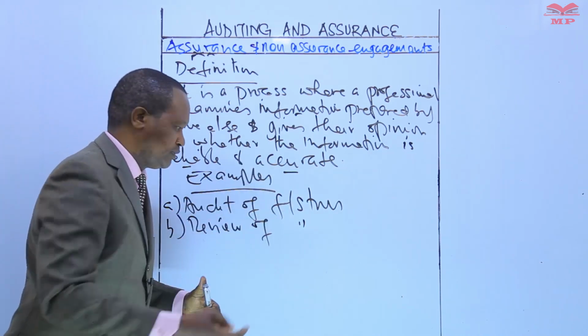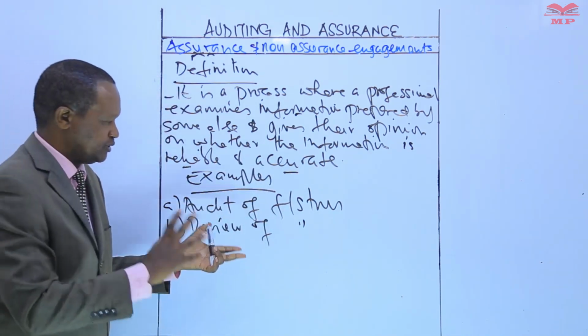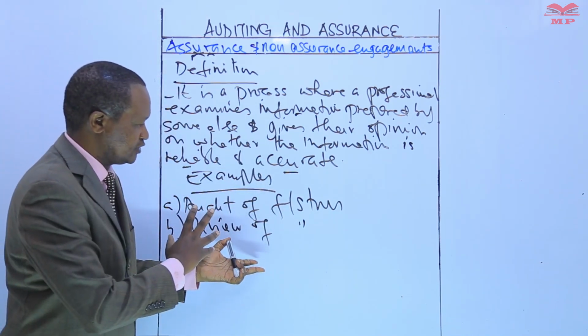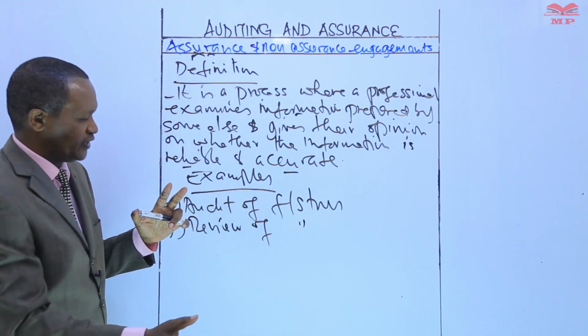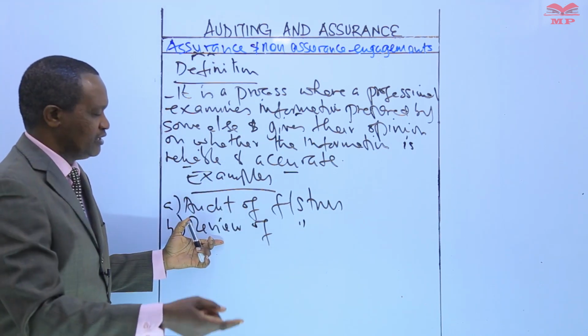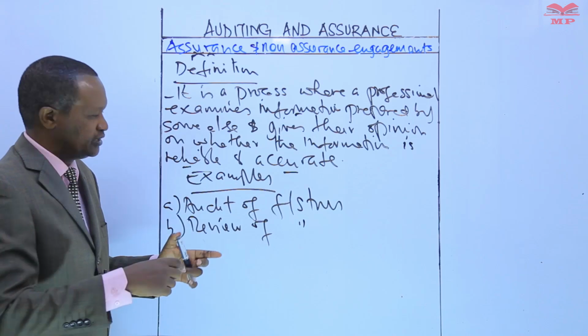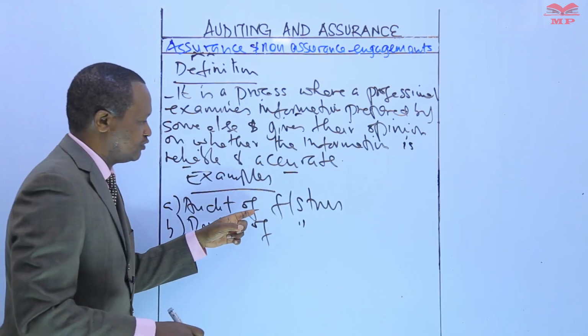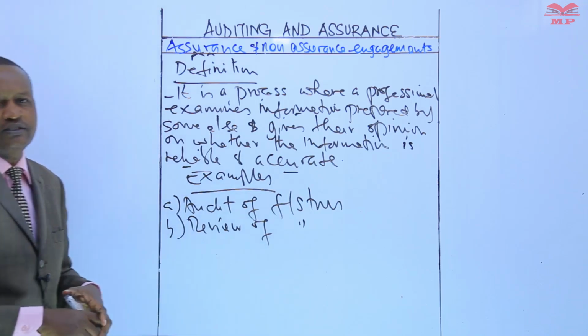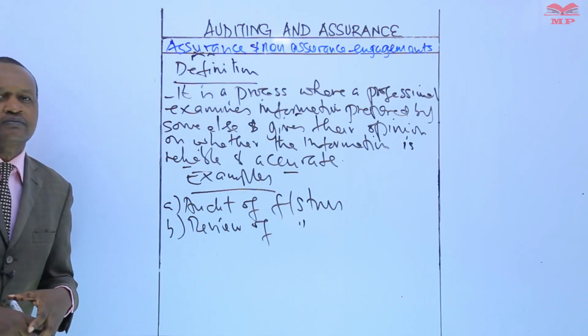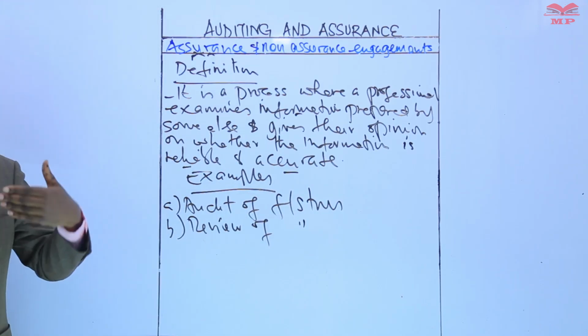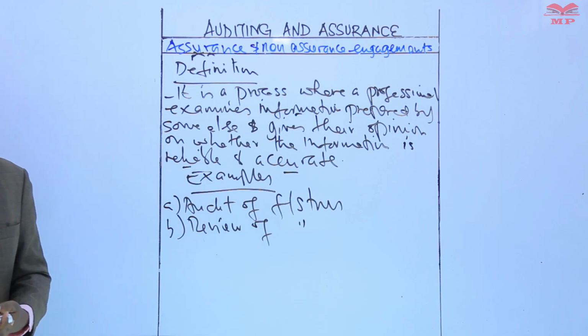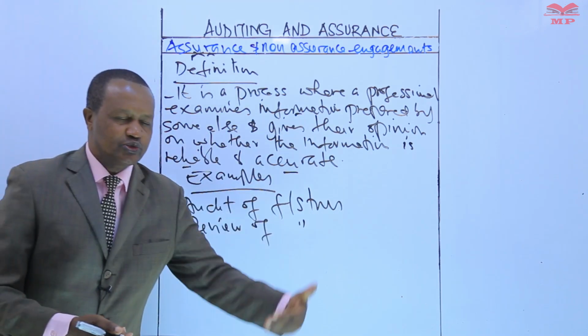And as we move on, we'll be seeing the difference between review of financial statements and audit of financial statements. This one gives assurance that is not as reasonable as that of an audit. It is less comprehensive because it gives limited assurance.